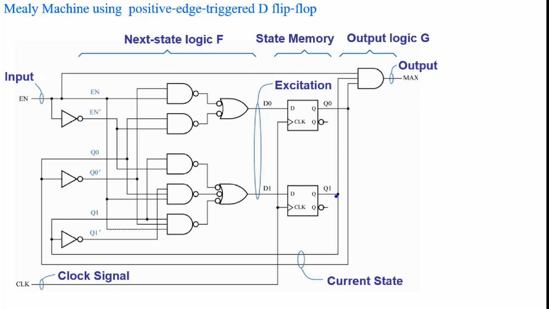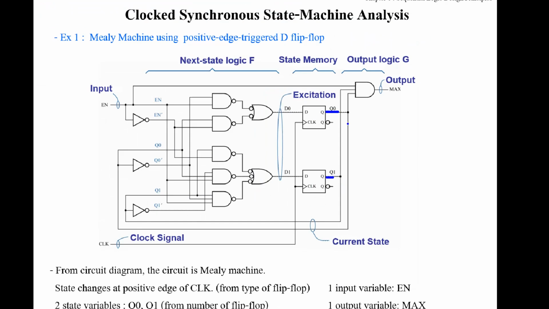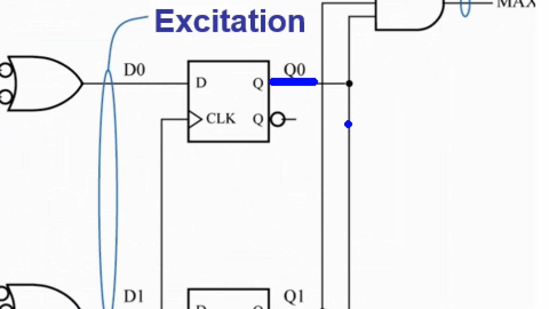You can consider the state variable as just the output from the flip-flop. And be careful when you consider the output of a flip-flop. We consider only one output, maybe the active high output, not both, because the outputs are not independent.